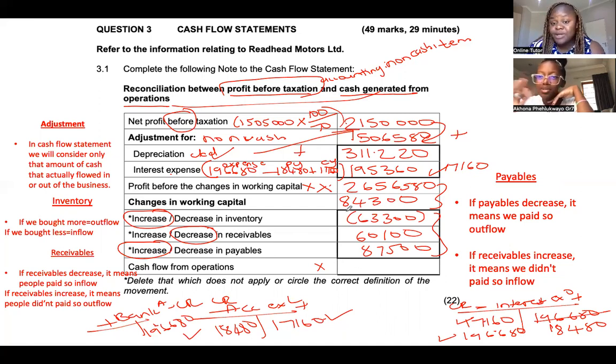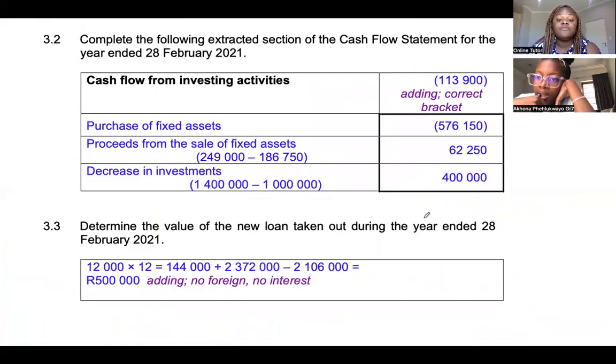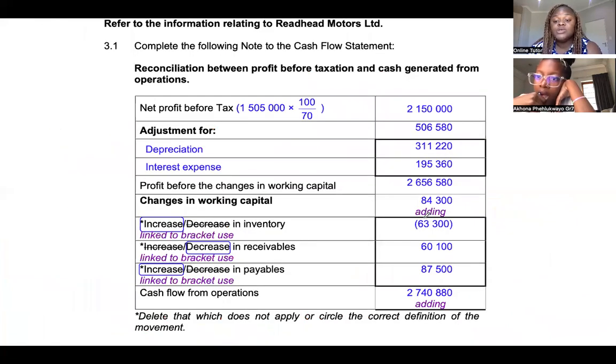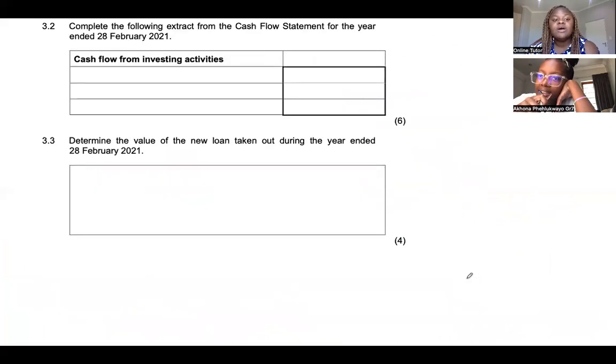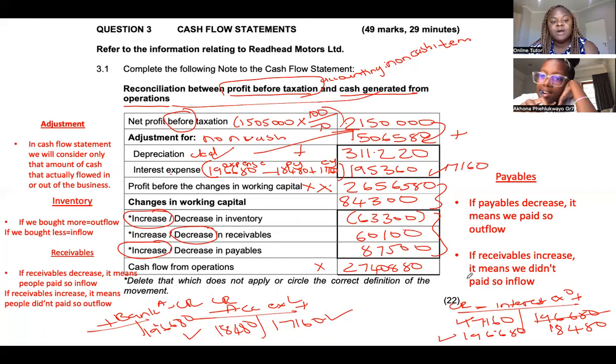Yes, you are adding because this gave us a total inflow. 2,740,880. Okay. Let's go and check ourselves. Keep that figure in your calculator while we just go confirm with the memo if they agree with us. 2,740,880. Yes. Okay, correct. They agree with us 100%. Well done. Good job. All right, so let's move on then to our next part.